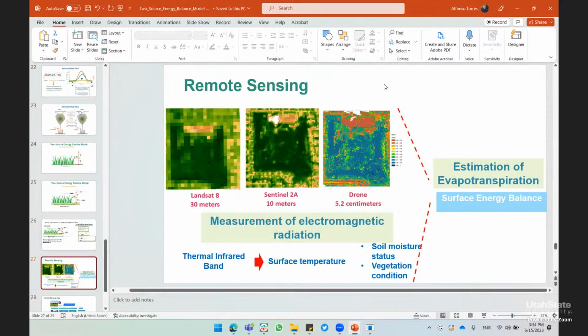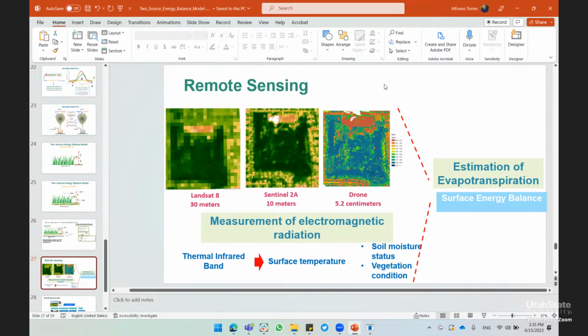So it tends to be a fixed value, or a percentage of net radiation.